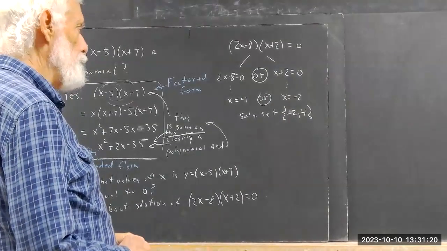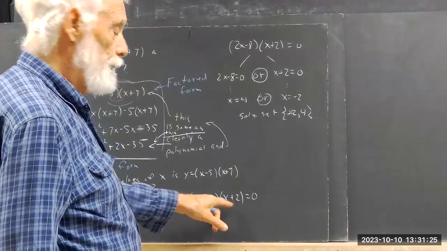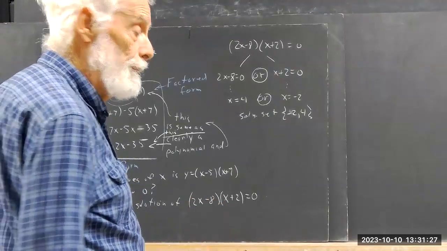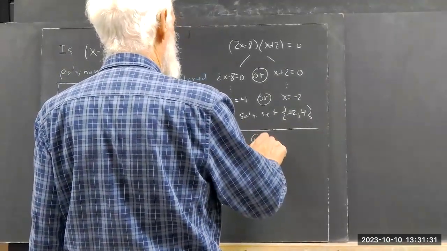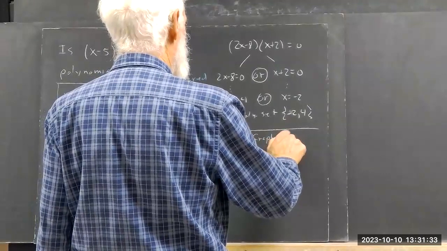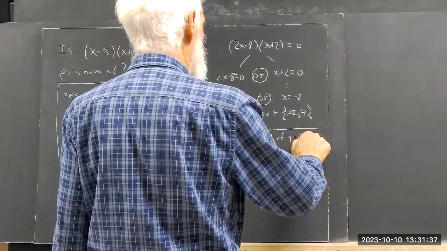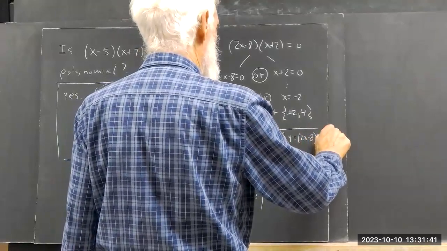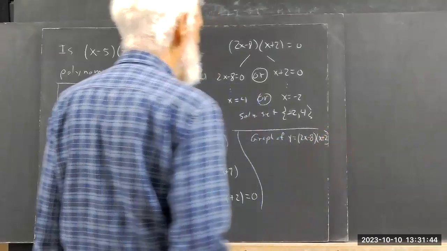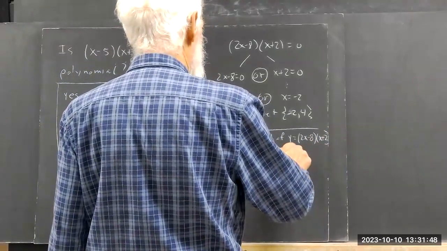Well, what does this tell us about the graph of this function? The graph of 2x minus 8 times x plus 2.